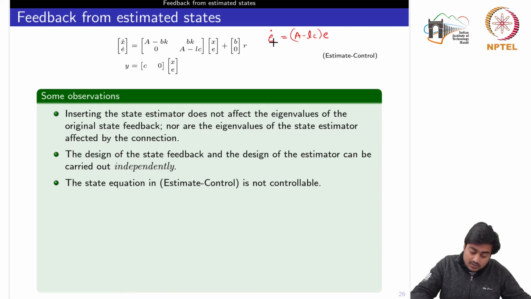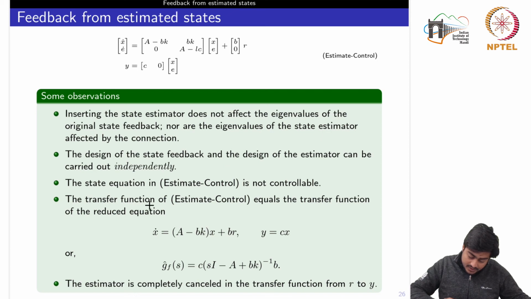So this E is not controllable, but at the same time we have ensured that A minus LC is a stable matrix. So this state equation, although not completely controllable, is still stabilizable. Okay, so this is just one observation, although we won't be using it in closing any feedback loop or designing an observer.